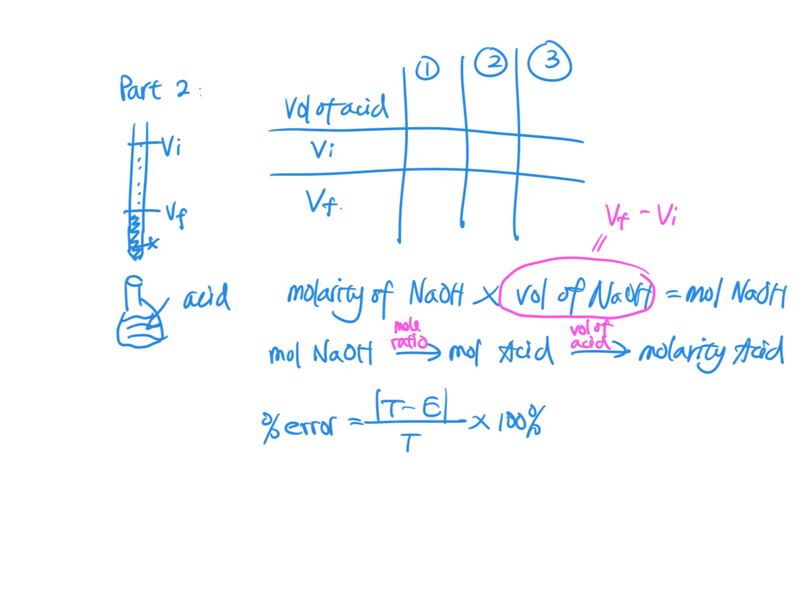Then you can use the volume of the acid, which was given at the beginning, to get the molarity of the acid. Molarity of acid is equal to moles of acid divided by volume of acid in liters. In the same way, you can calculate the percent error. So good luck.